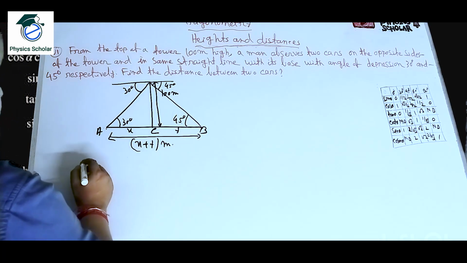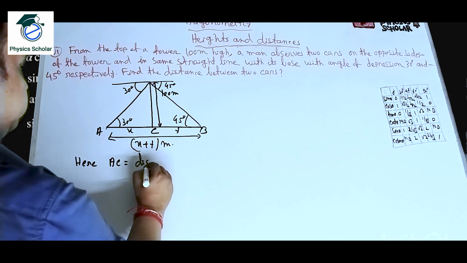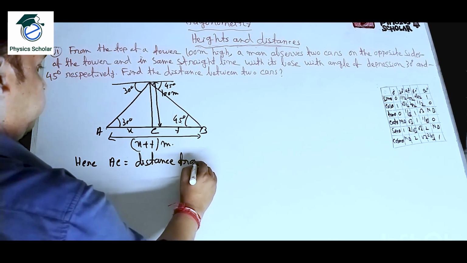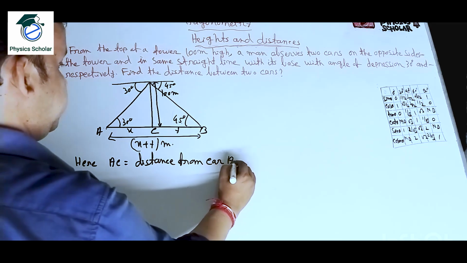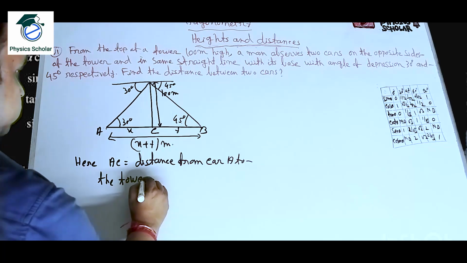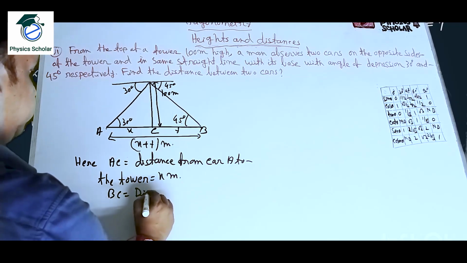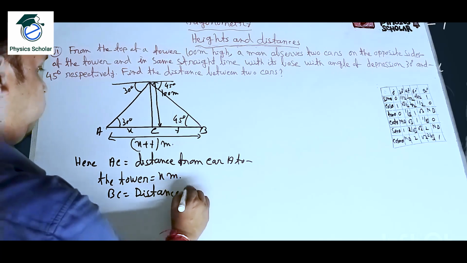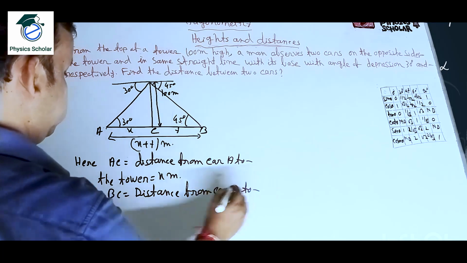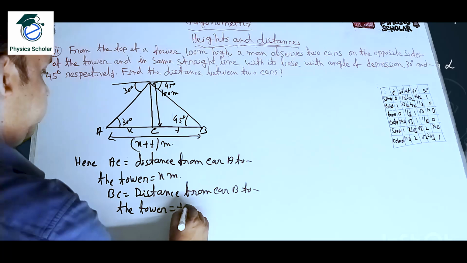Okay, so here AC is equal to the distance from car A to the tower, which is equal to X meter. BC is equal to the distance from car B to the tower, which is equal to Y meter.